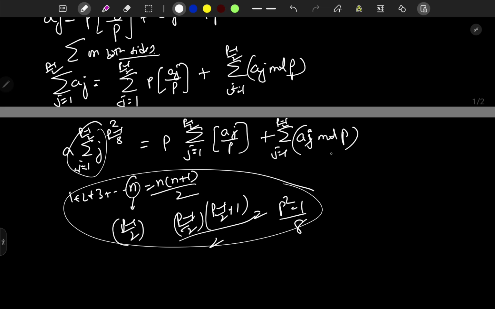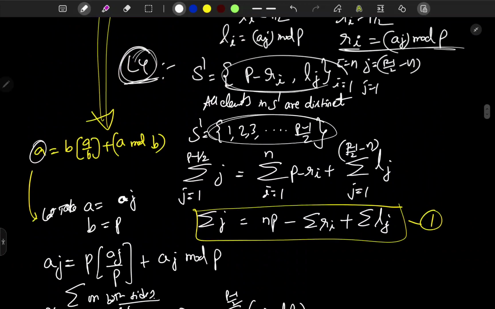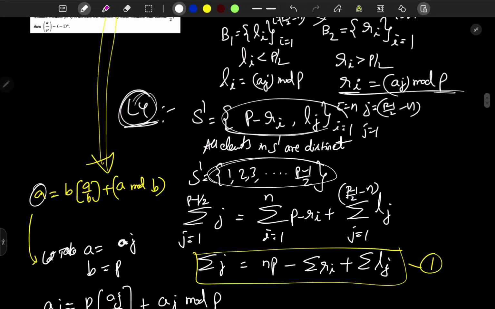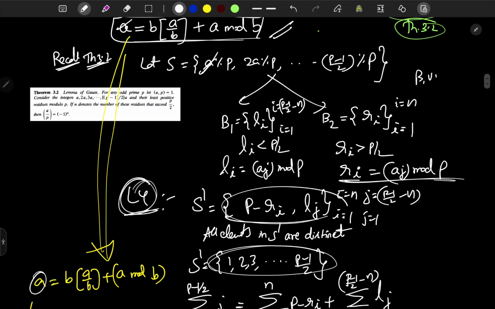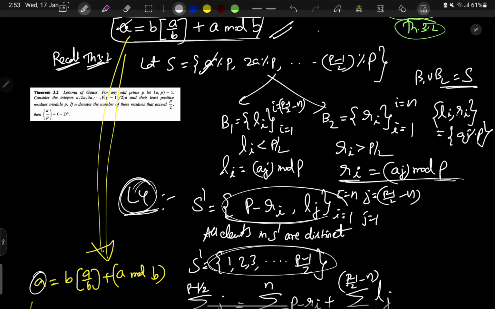Here remember one thing. We know that b1 union b2 is what? So basically the set of l_i and r_i is nothing but a_j mod p. Am I right or not?